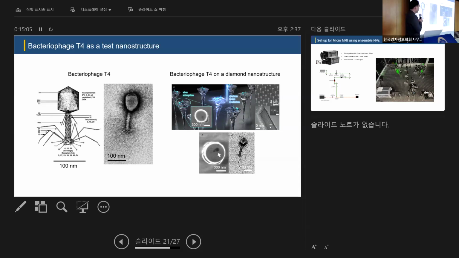For now, we are exploring how to put this target on, how to move it, and how to position it in proximity to the sensor. We are actually trying to put it on top of that diamond nanostructure, and you can see it on the right.